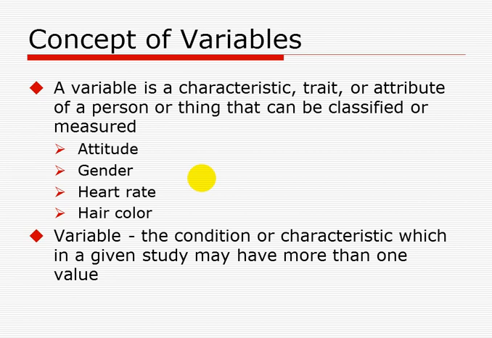So the key terms that you can use to understand variable are classify and measure, like attitude, gender, male or female, heart rate, high, low, medium, and hair color, black, blue, green, brown, and so on. Those are kinds of variables. Another definition: a variable is a condition or characteristic which in a given study may have more than one value.